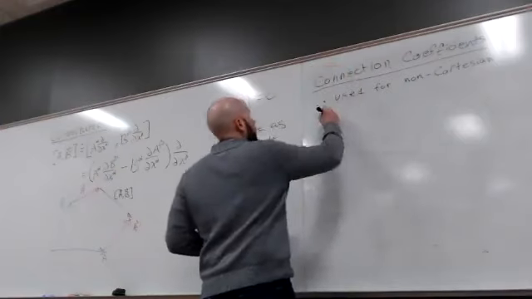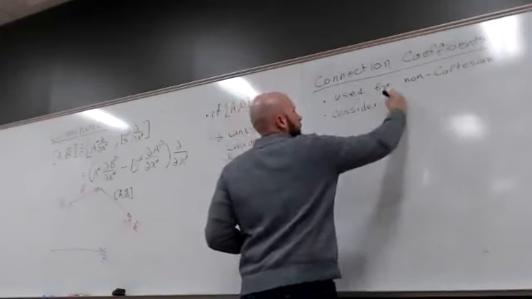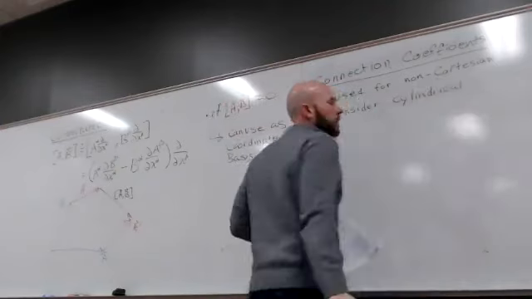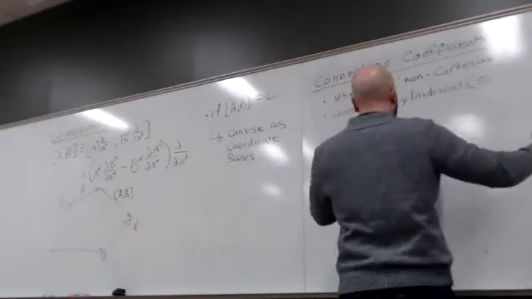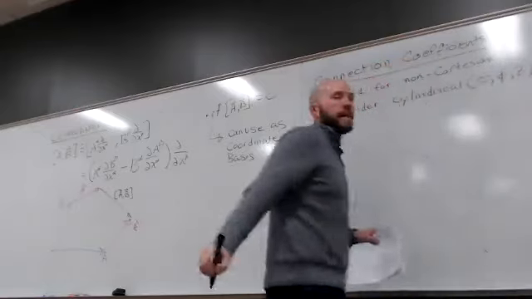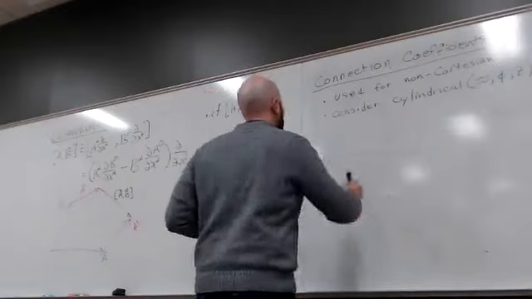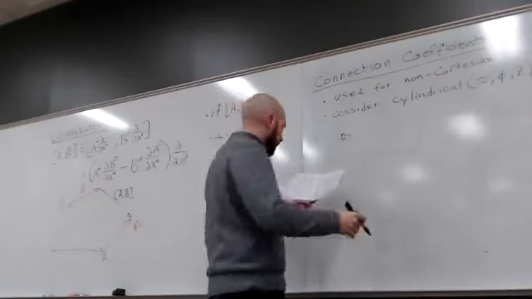All right, so let's use an example to introduce the idea of connection coefficients. So consider cylindrical coordinates where I'm going to use omega, phi, and z, which we used last time for our cylindrical coordinate system. And here, of course, I'm going to save myself from drawing the picture unless you guys really need it.